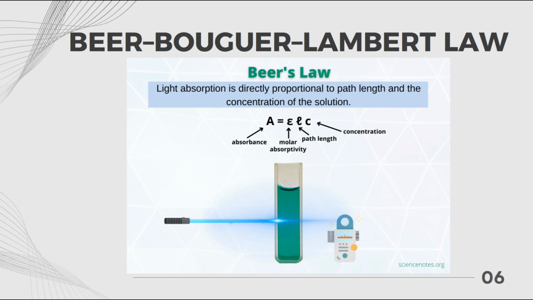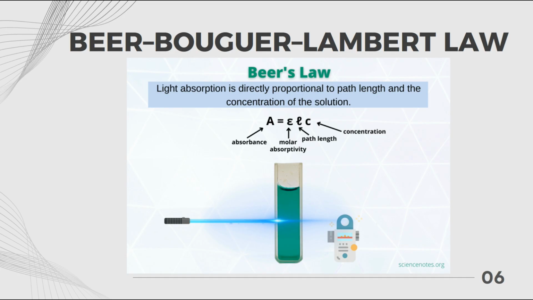And the third parameter is concentration. It means the higher the concentration values are, the bigger the absorbance is. So really simple. And in practice, you usually have epsilon and L together as some empirical coefficient, and so you have A equal to BC, for example. So it's really easy.